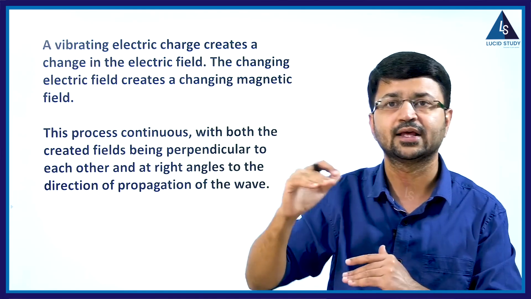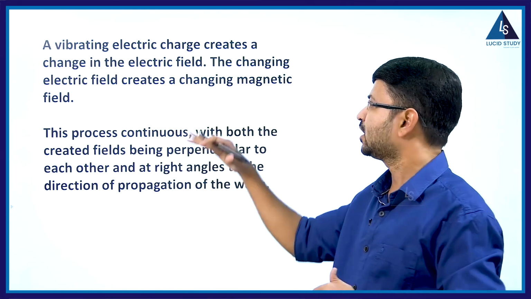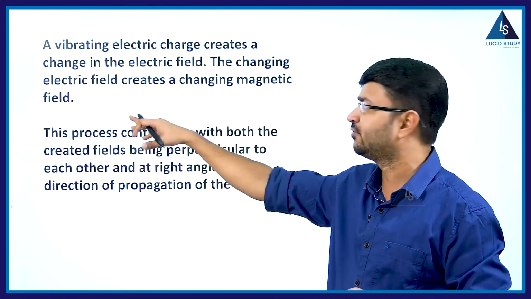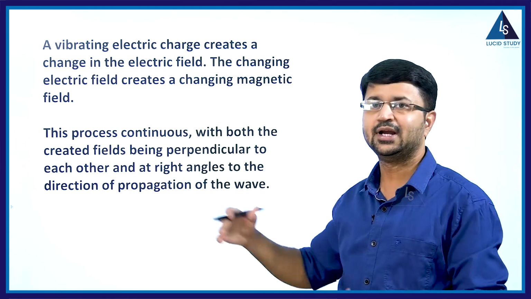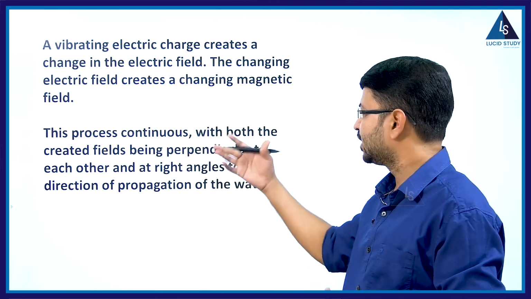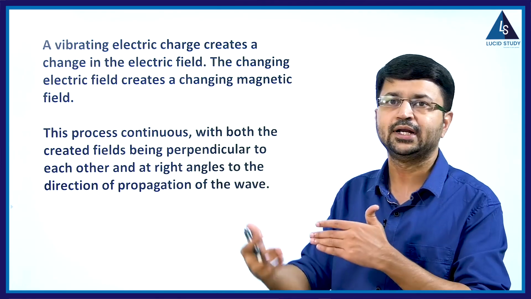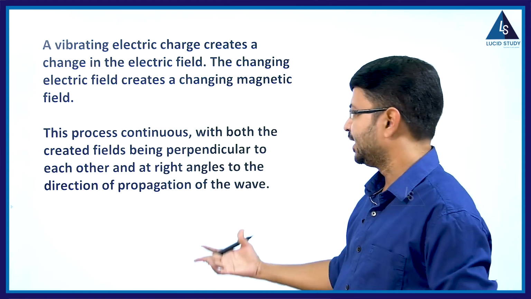First of all, there will be a change in the electrical field, and because of this change, it is going to generate a change in the magnetic field, and this process will be continuous. Continuous means the electrical field and magnetic field will be generated continuously.